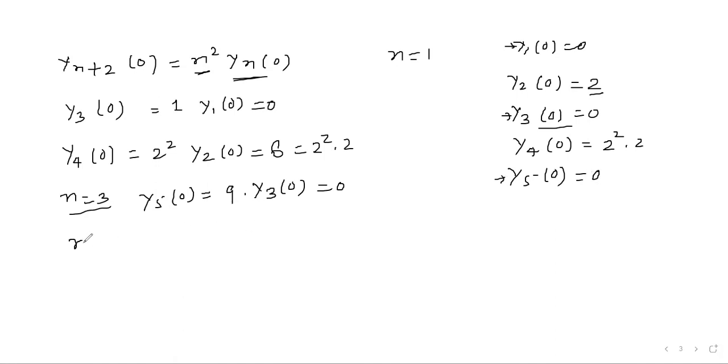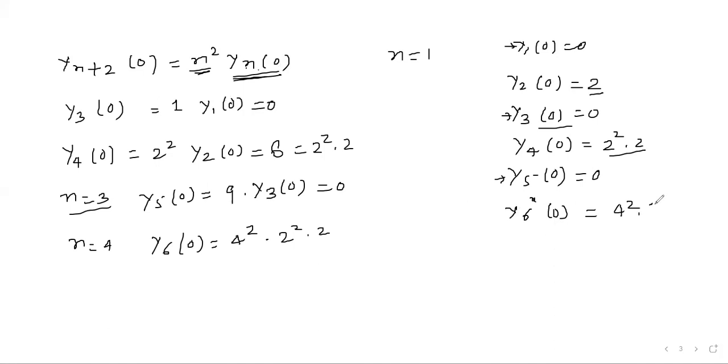Similarly, if we put n equal to 4, so y60. So here it will become 4 square and y40, because n equal to 4. So y40 is 2 square into 2. So we have got y60 equal to 4 square, 2 square into 2.